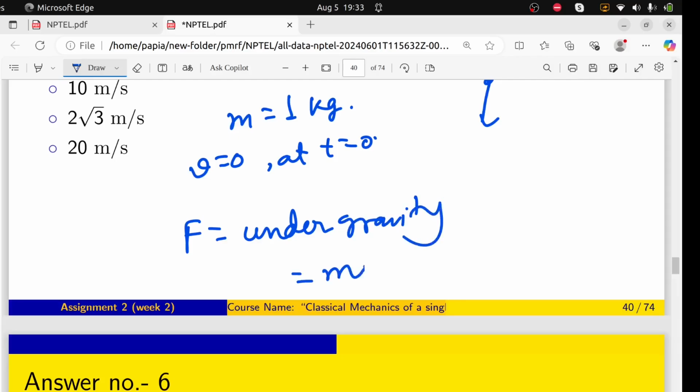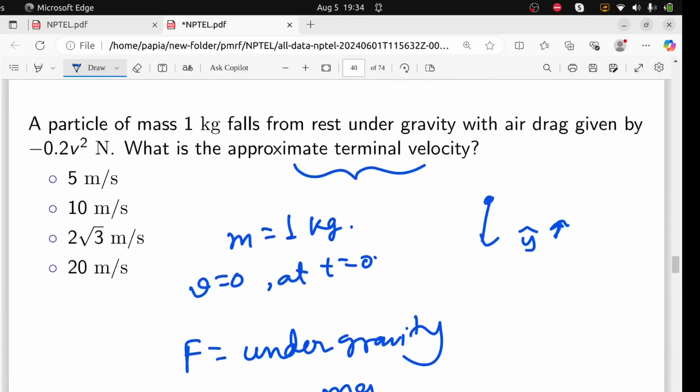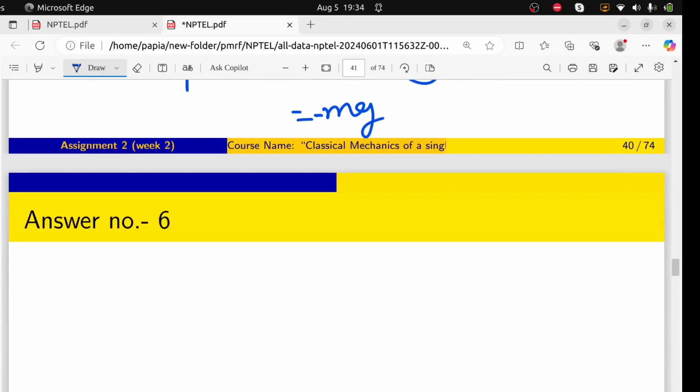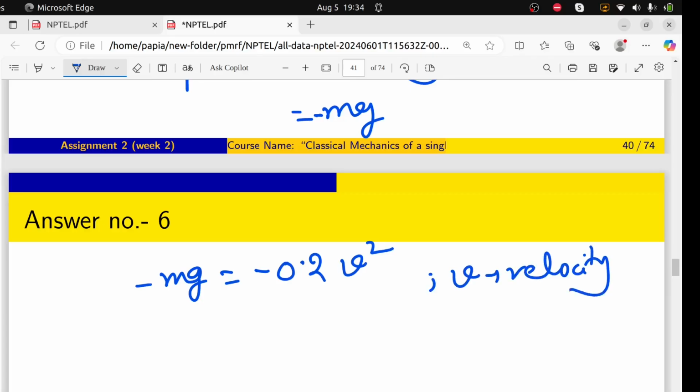And it is minus mg if y cap is the up direction. So minus mg is how much? Minus 0.2 v square, where v is the velocity. Since m is given as 1, I can write g equals v square into 0.2.